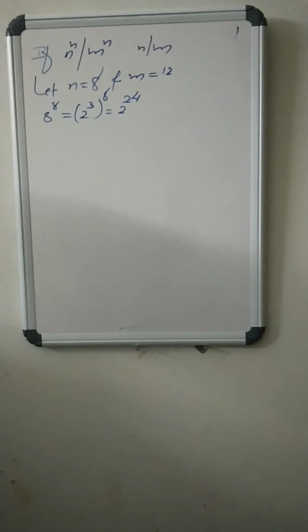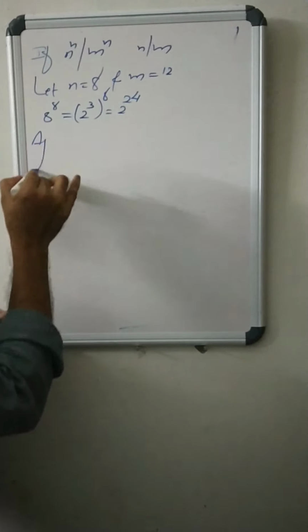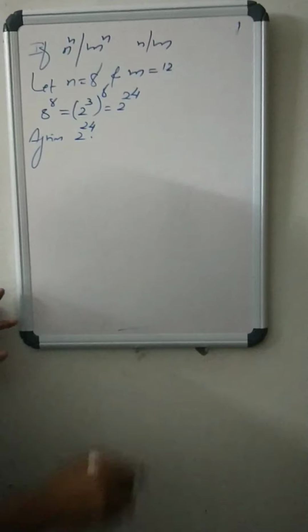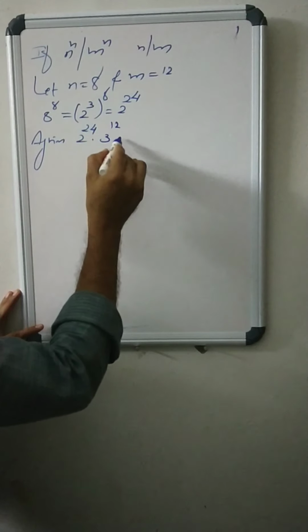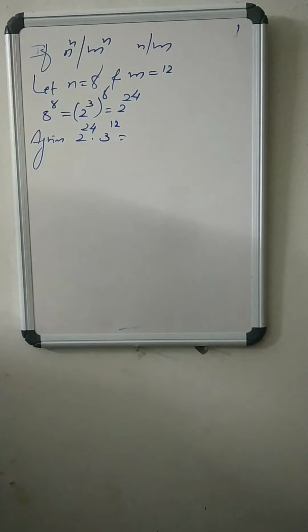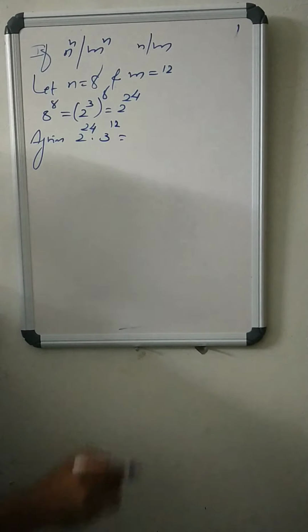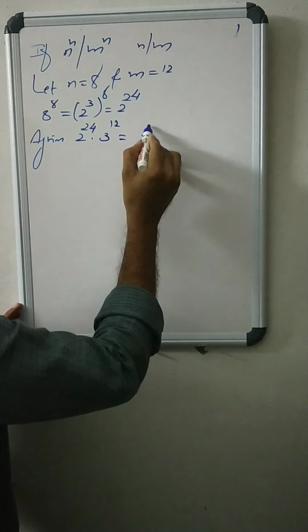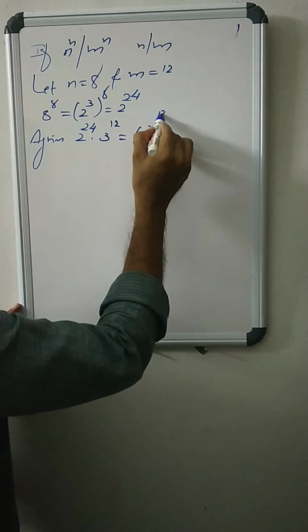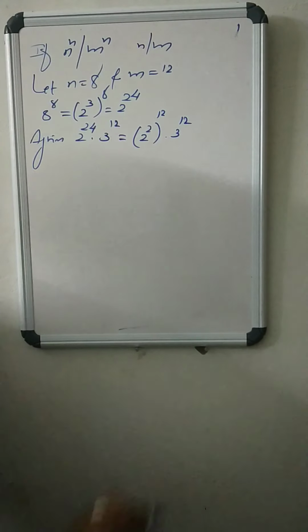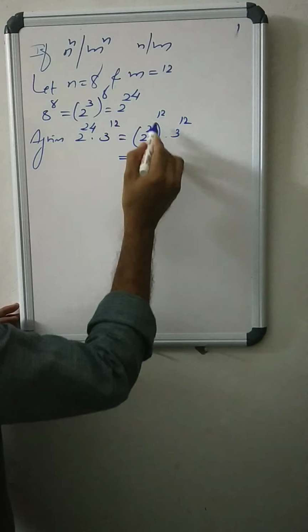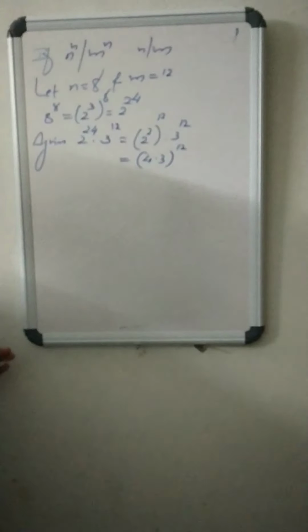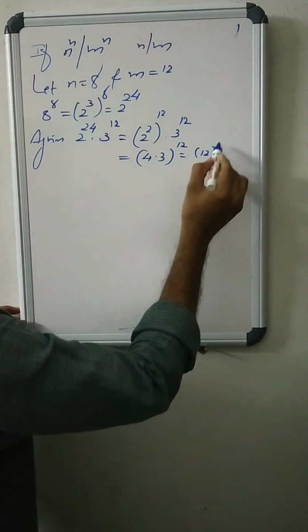Again, consider 2 power 24 into 3 power 12. 2 power 24 can be rewritten as (2 square) all power 12 into 3 power 12, which means it is (4 into 3) all power 12, that equals 12 power 12.